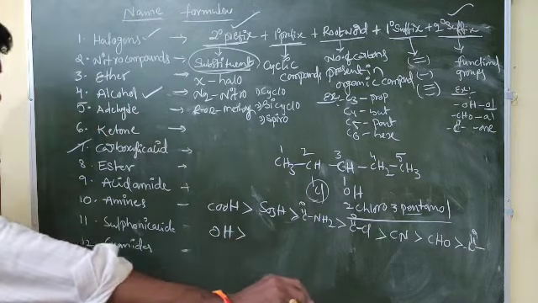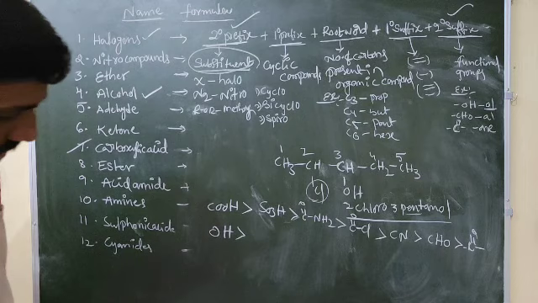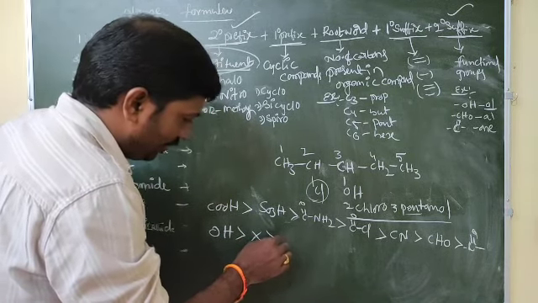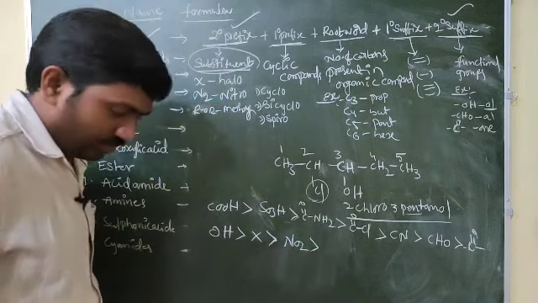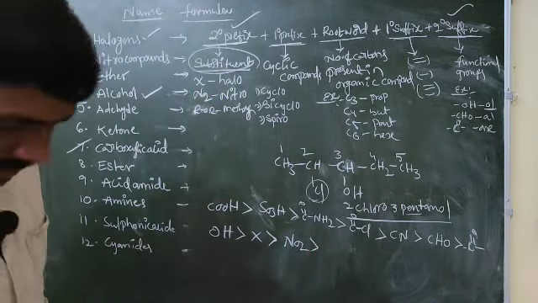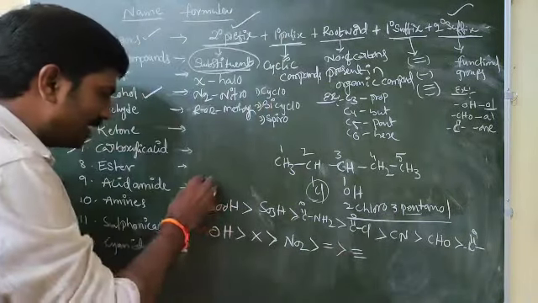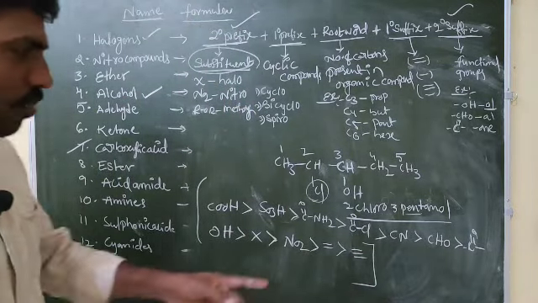OH is greater than halogens. After halogens comes NO2, then double bond, then triple bond. So this is the priority order of the functional groups.